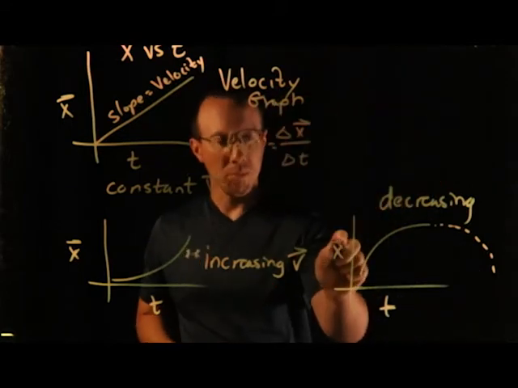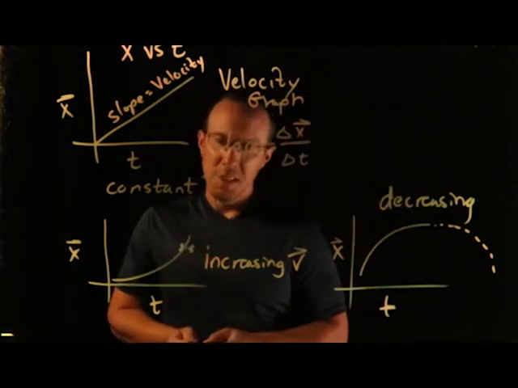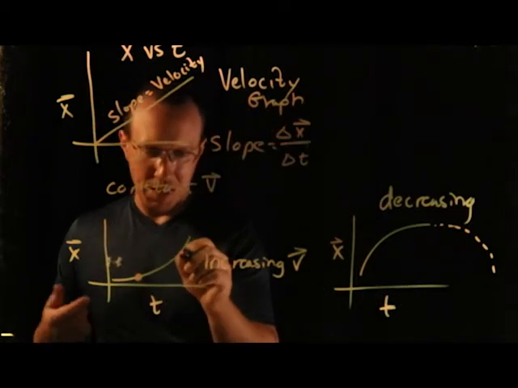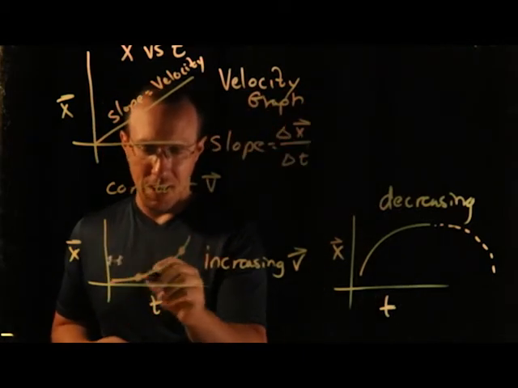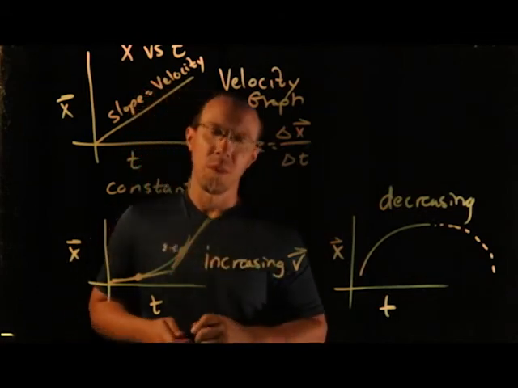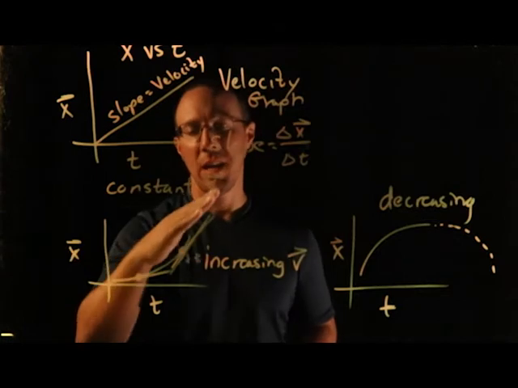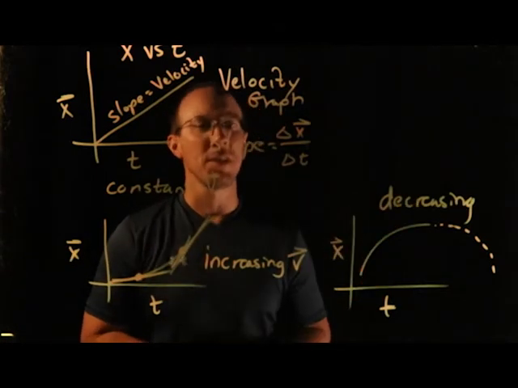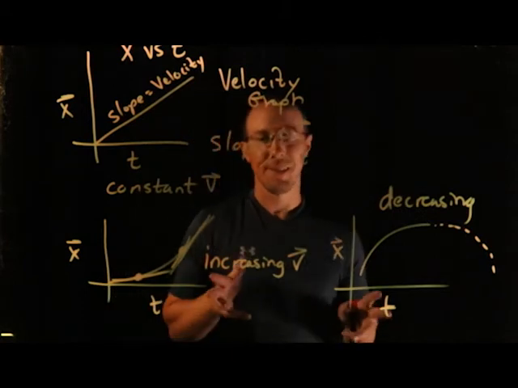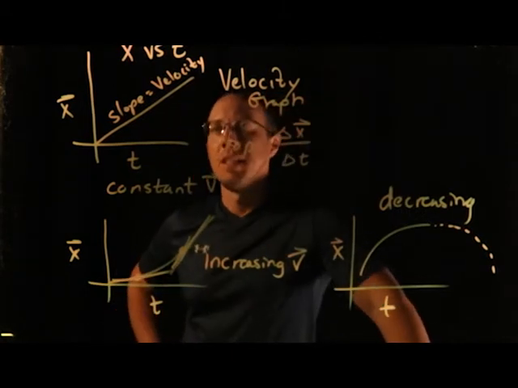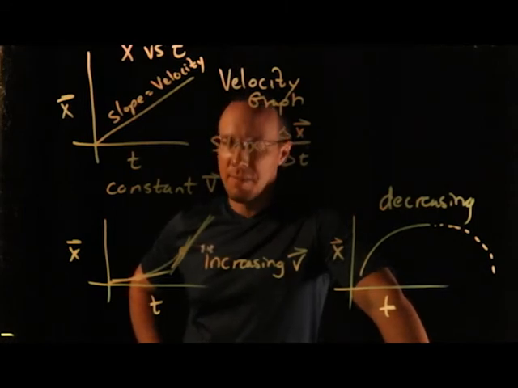So it's important to make what we call tangent lines. Tangent lines are, and you should have this from math class, just a line drawn from a single point. And we could see that the slopes made by those tangent lines are increasing, decreasing, and increasing over here. We spend a lot of time on this in class, but it's kind of hard to do it this way. So that's called a velocity graph.